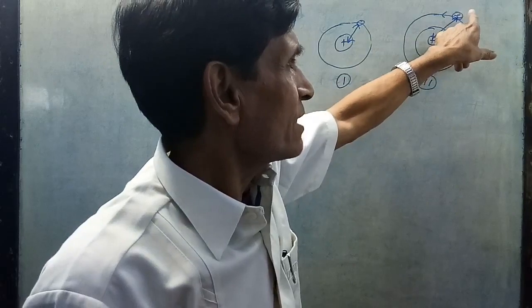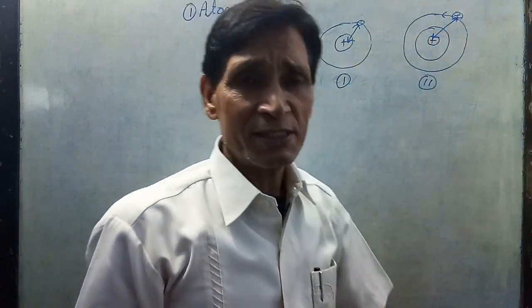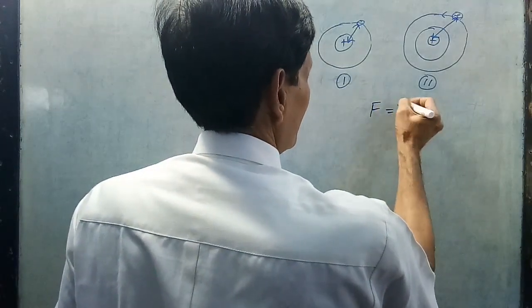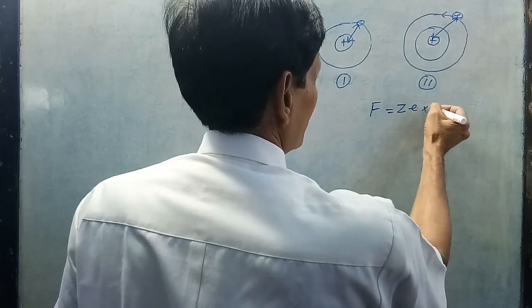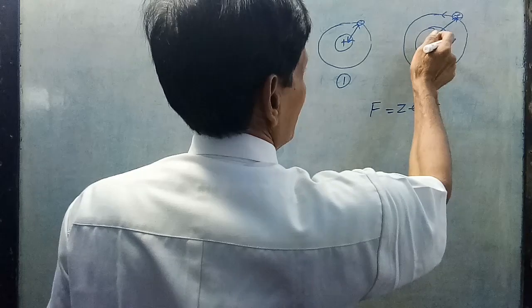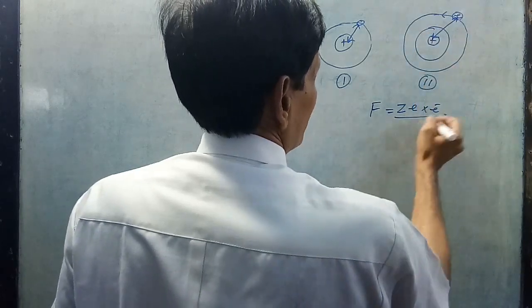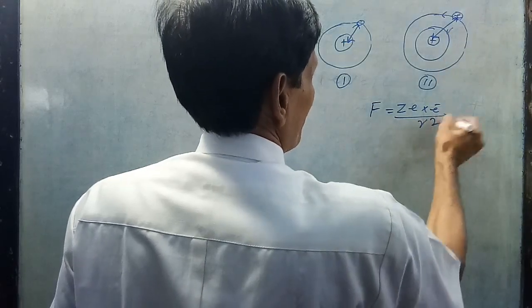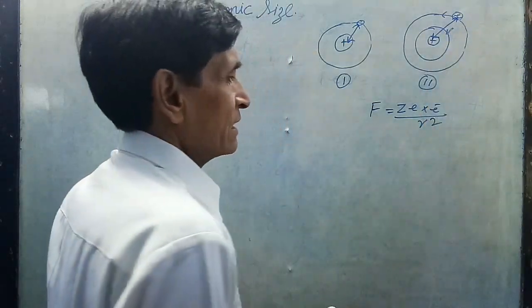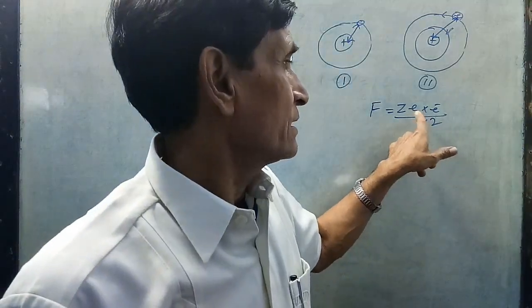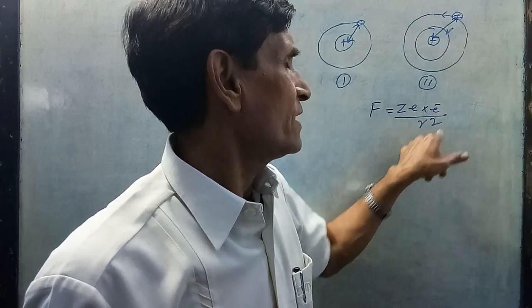Then the force of attraction exerted by the nucleus will decrease. By Coulomb's law, force of attraction is proportional to Z e, where Z is the atomic number, e is the charge on electron, divided by the distance, this radius r square. If this distance is increasing, then what will happen?